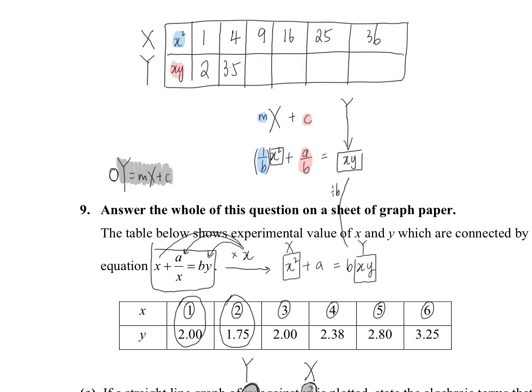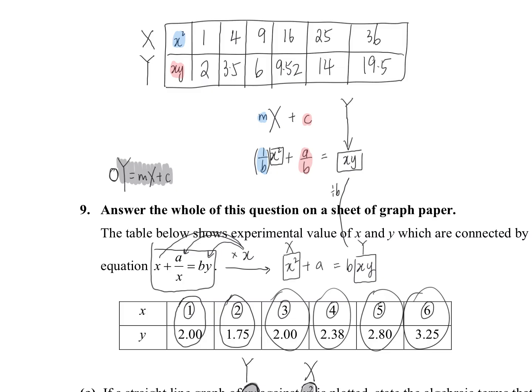Okay, 3 times 2, 6. 4 times 2.38. 9.52. Okay, then we have 5 times 2.8. And then lastly, 6 times 3.25. So this is the new table of values that you will plot your straight line.